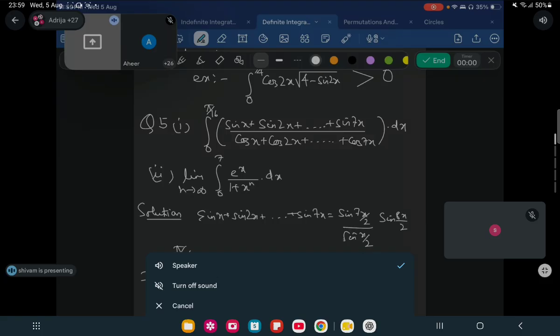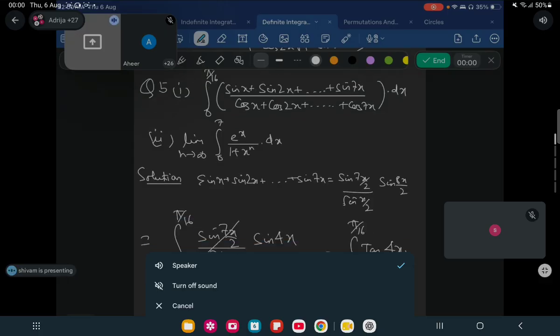We'll get tan 4x. This is integral from 0 to pi by 16 of tan 4x. Now, what is the integral of tan? ln sec. So this will become ln sec 4x divided by 4. We substitute from 0 to pi by 16.